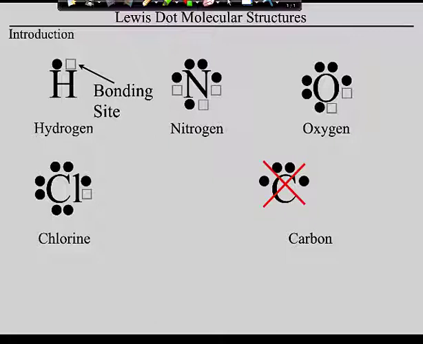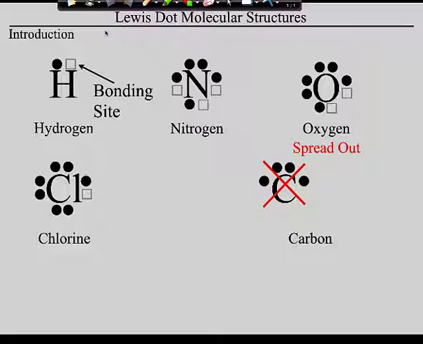Now, we're going to talk about what carbon actually does. We're not going to explain it. If you want the explanation, come back for AP next year, although that's not enough motivation to spend the entire year in AP. But we do talk about this in AP. The bottom line is this. When we draw these Lewis dot structures, and you want this in your notes, we are going to spread out the electrons as much as we possibly can.